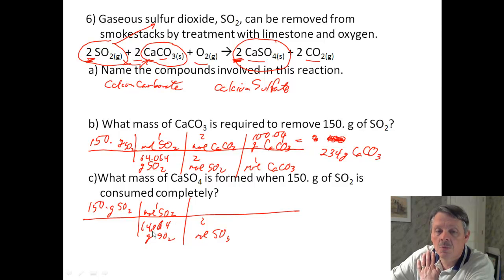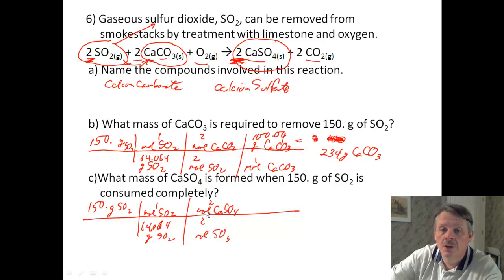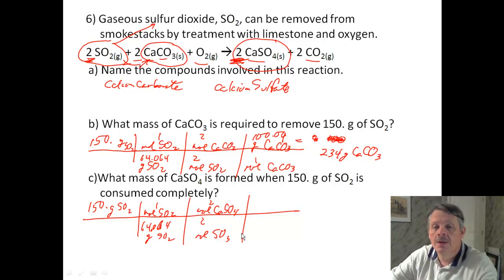But this time what we want to do is instead of going to calcium carbonate, we want to go to calcium sulfate. So we want to go to moles of calcium sulfate. And that's again a 2 because we have a 2 up here in our problem. All right. And then finally we want to go from moles of calcium sulfate to grams of calcium sulfate.